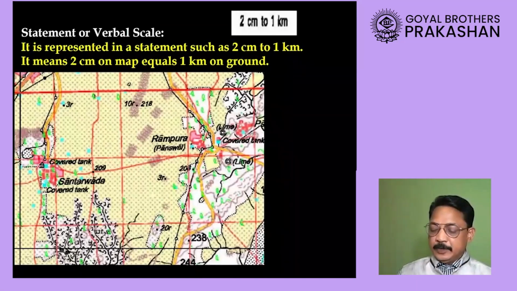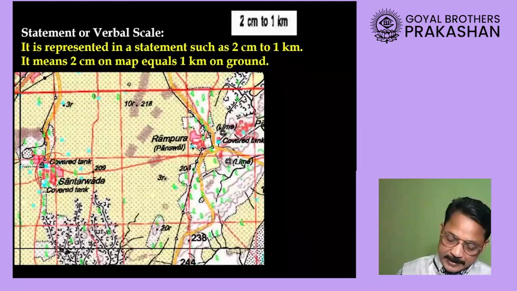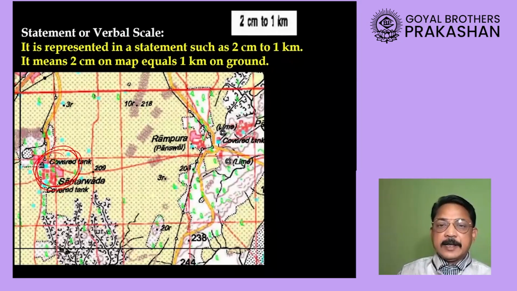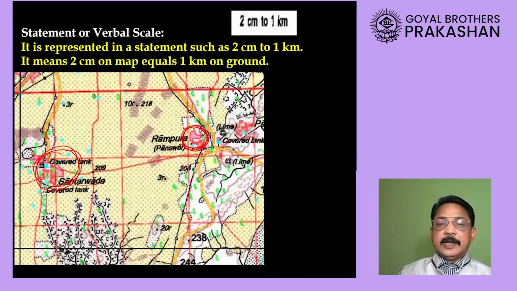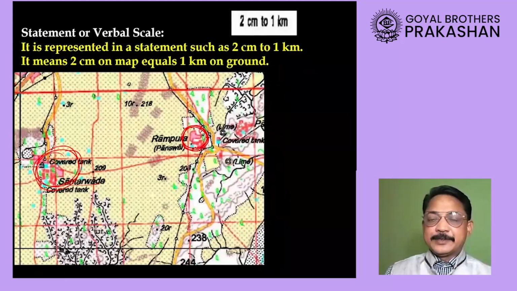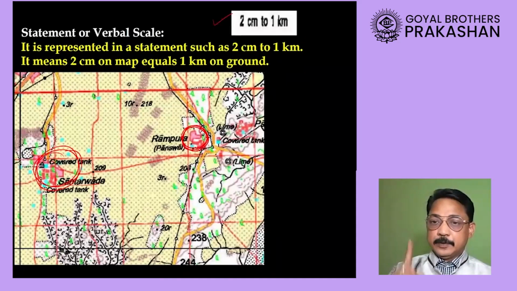Okay, dear students, now here you are seeing an extract of a map. Let us say I select this place. Its name is Santarwada, the name is given over here, and I select this another place and its name is given Rampura. And if the question is asked, how much is the distance between these two places? How will you find the direct distance between these two places? We have just now seen some time back that 2 centimeter here is equal to 1 kilometer.